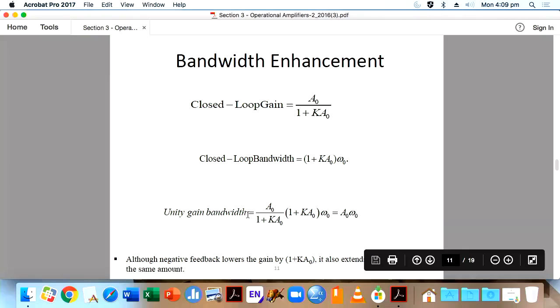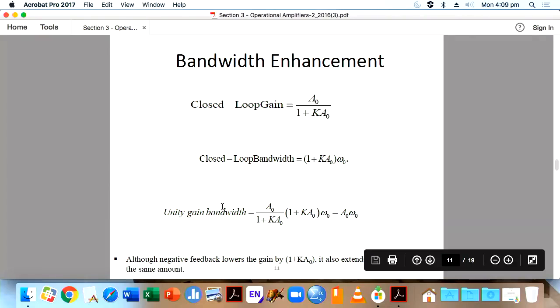So when you multiply closed loop gain into closed loop bandwidth, you get A0 into omega 0, that is called the unity gain bandwidth. So unity gain bandwidth equal to A0 into omega 0, and unity gain bandwidth is the maximum frequency at which your gain equals 1. So when you multiply both, you are getting A0 into omega 0, open loop gain into open loop bandwidth. So that is the idea of bandwidth.